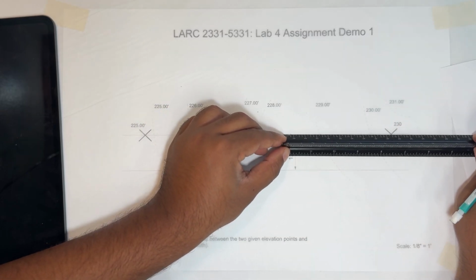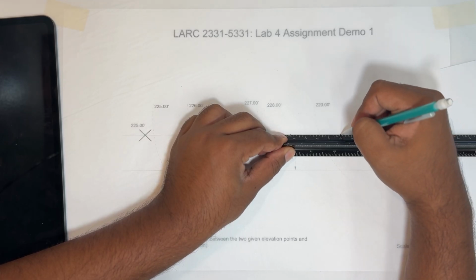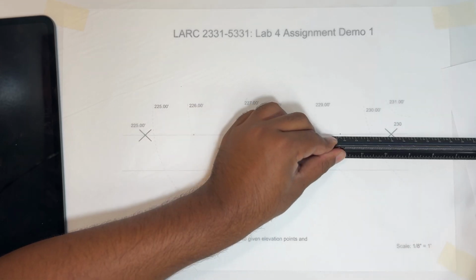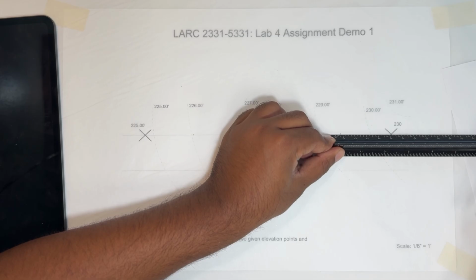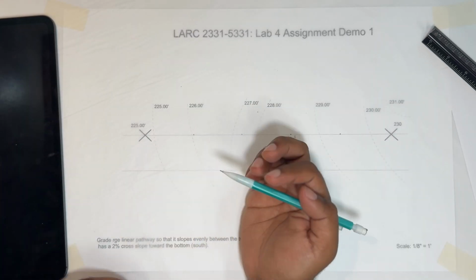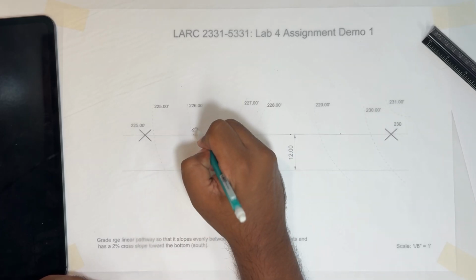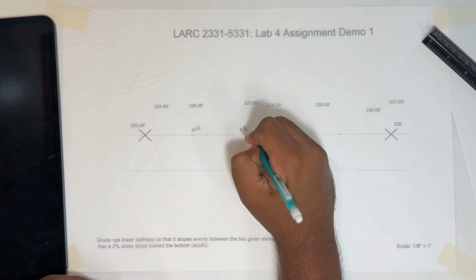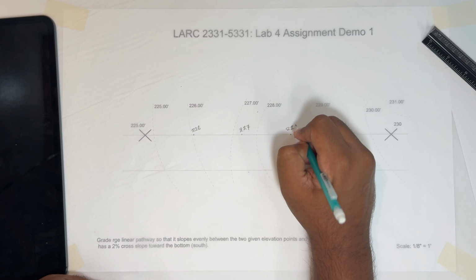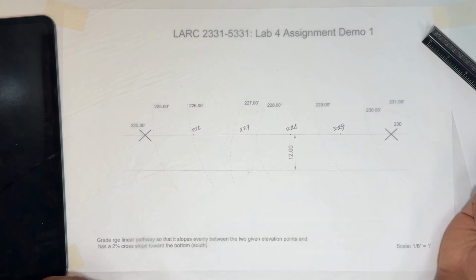One more. And hopefully this and this would be 17.2. Yeah, quite close. So these would be our different contour points. So if this is 225, 226, 227, 228, 229, and there's a 230, which is great.